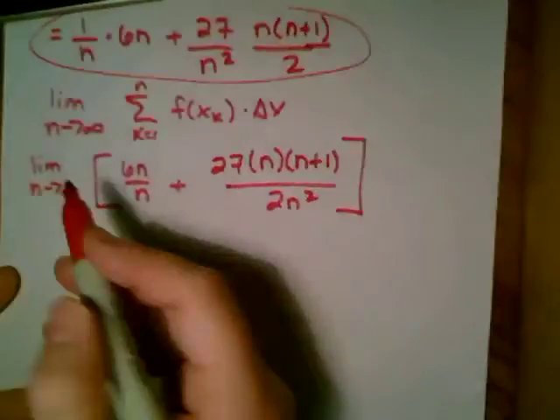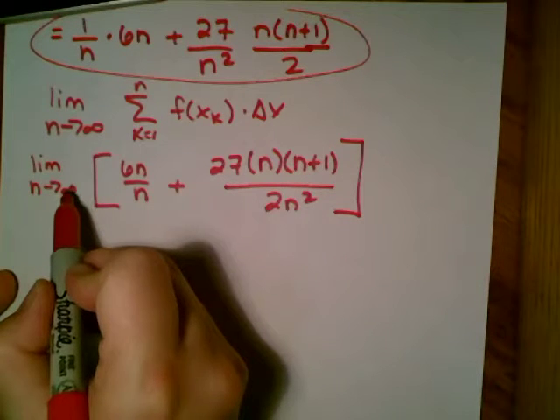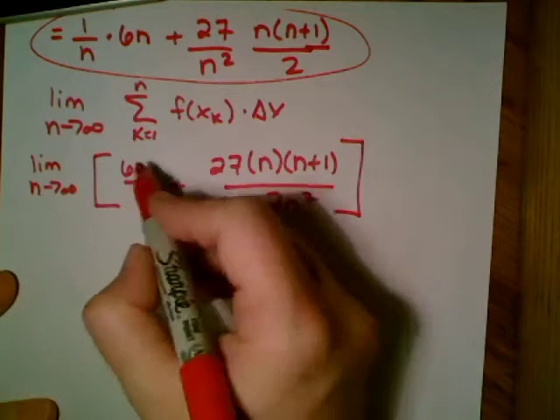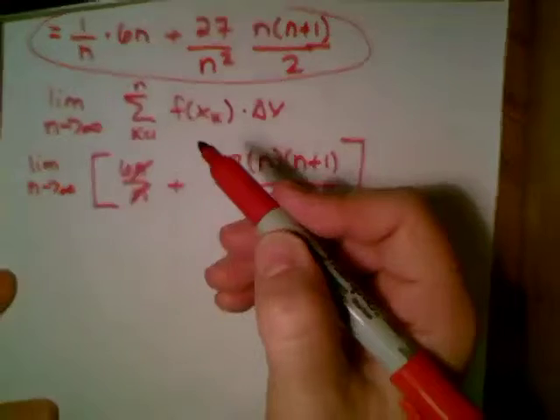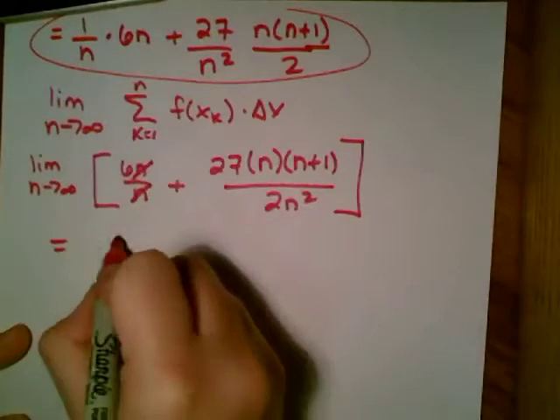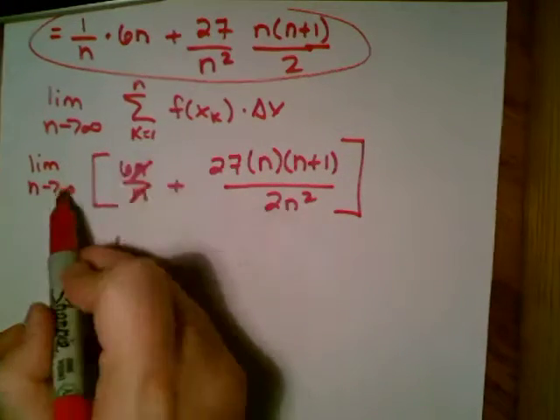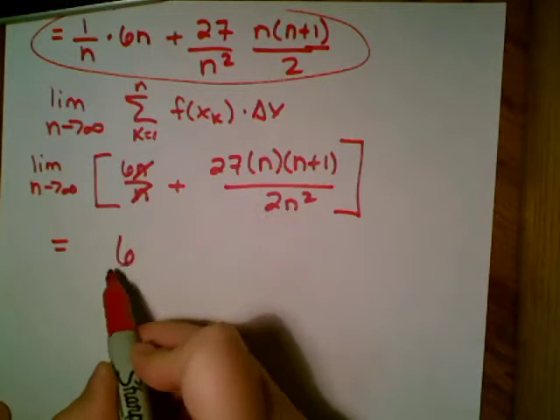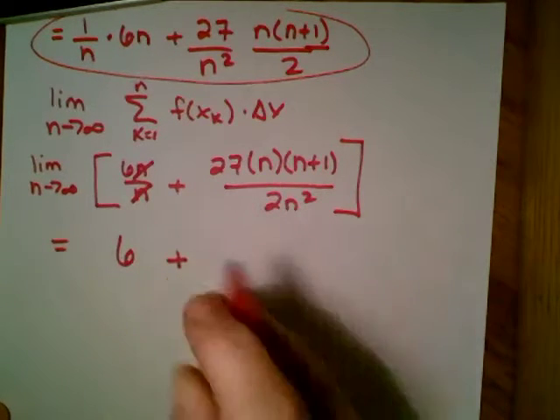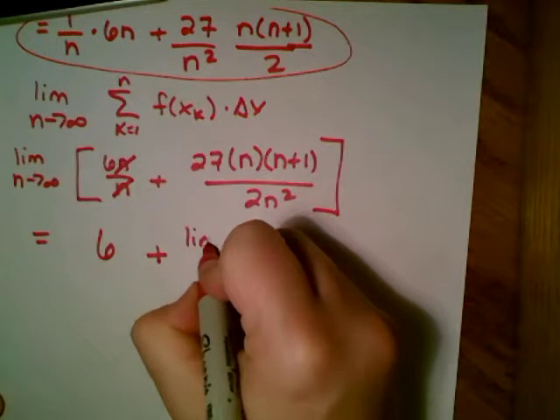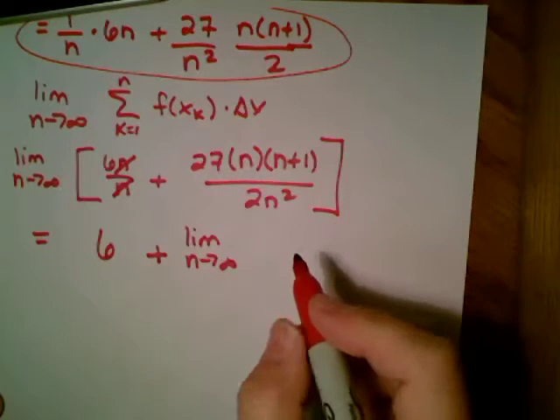Okay, now since n is going to infinity, n cannot be 0. And so n divided by n will just be 1, and we have the constant 6. The limit of a constant is just that constant. But we need to still find the limit of that second term.